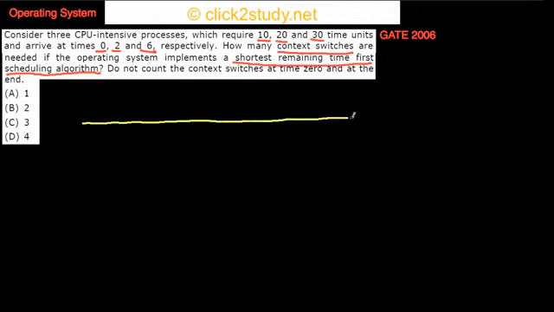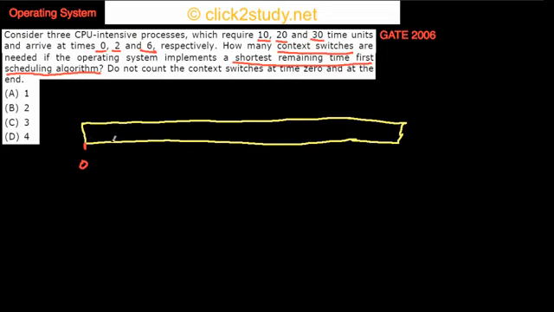Let's first have a timeline. So suppose this is the timeline. And then we will have this 0 like this, 1 and so on. So there is this 2 and 3, 4, like this you go, and then you have 6 like this.